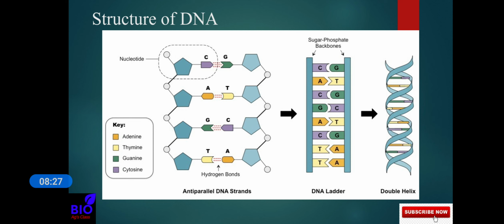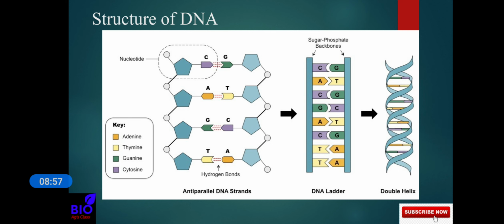So that's almost all about DNA structure, but still there is something more: the diameter of the double helix is 2 nanometers only, and the double helical structure repeats at an interval of 3.4 nanometers, which corresponds to 10 base pairs.